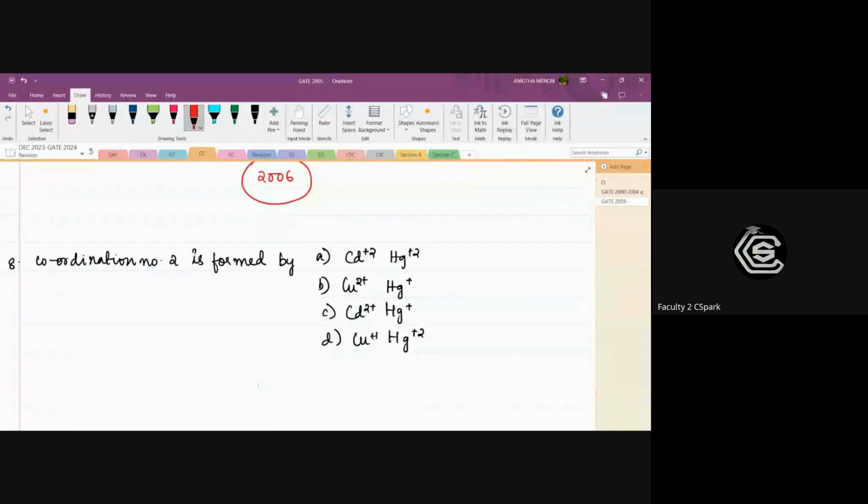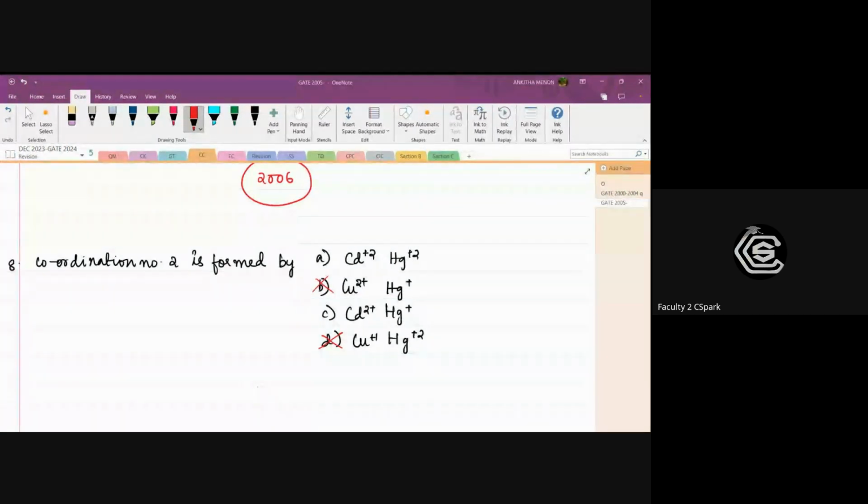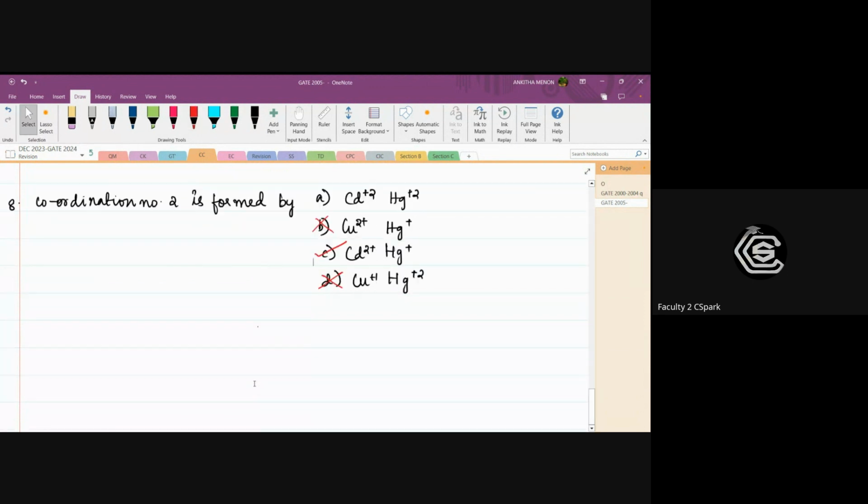Definitely it's not copper which forms coordination number 2. Among the rest, what do you think? Methyl mercury. It is actually option C. This is from the coordination number chapter in the question paper, so this question has been asked directly from that.